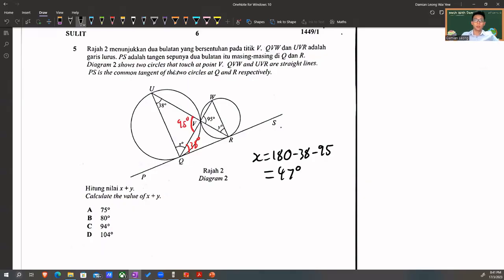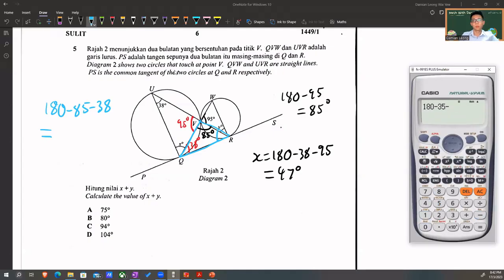Then, if here is 95, this is a straight line, so I can get this angle as well, which would be 180 minus 95, so it's 85 degrees. And if I have 85 here and 38 here, I can find this angle using this triangle. Total angle inside a triangle is 180. So 180 minus 85 minus 38 is 57.